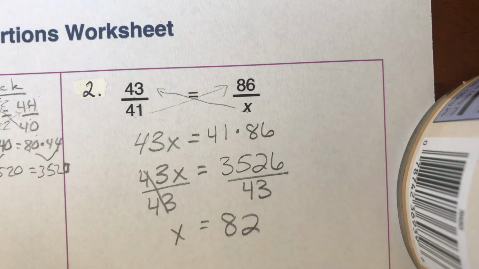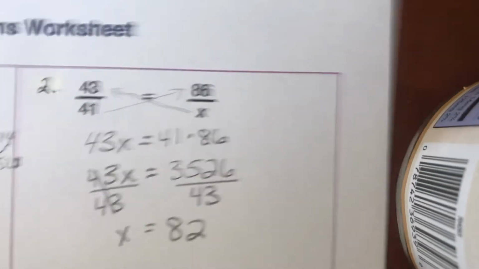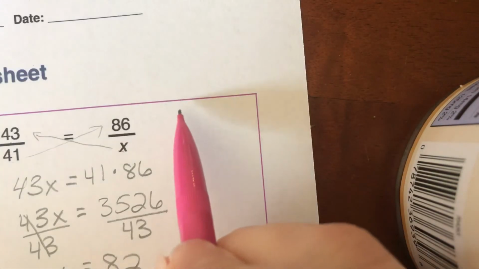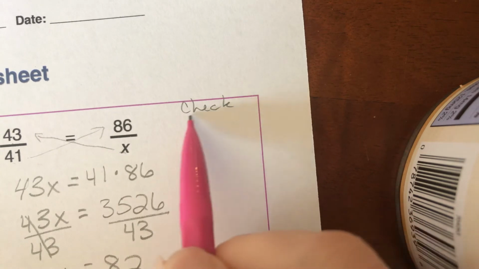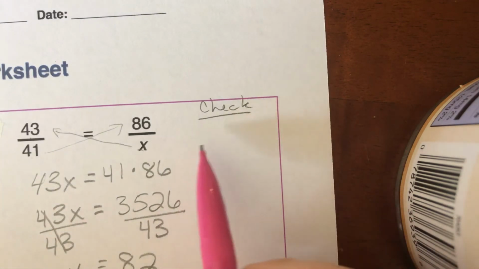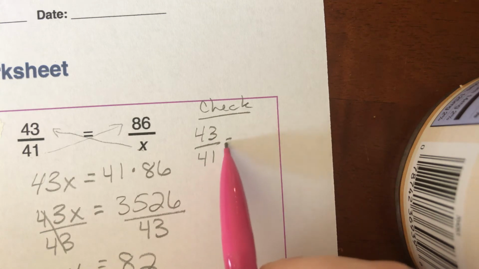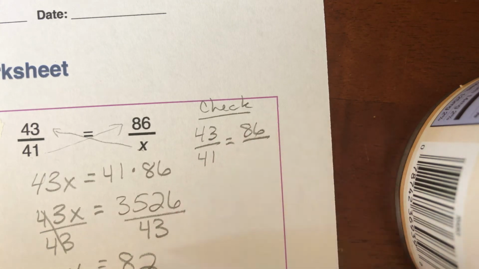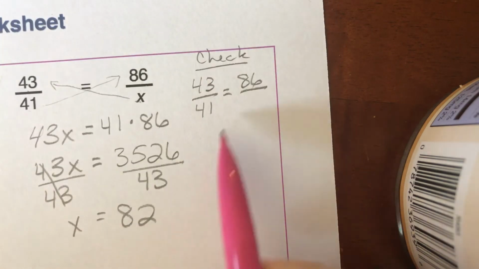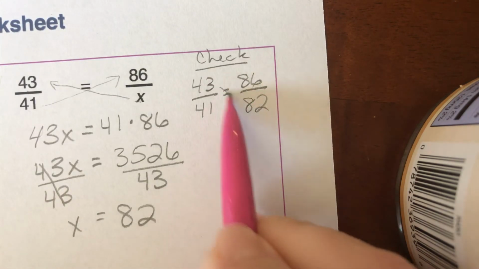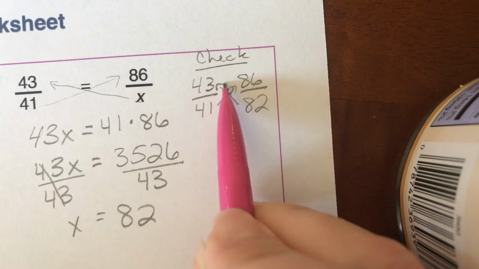Now I'll check this one. Again, I won't check them all. We'll just check a couple here so that you know how to check it. Over here I have 86, and now my x, I believe, is 82. So I can make sure that these cross products match each other.